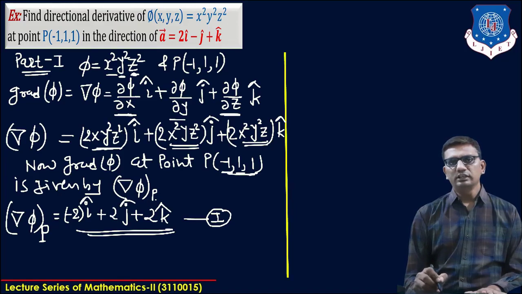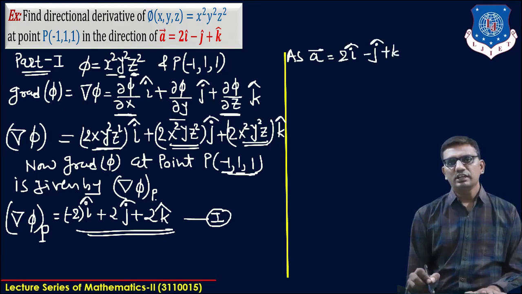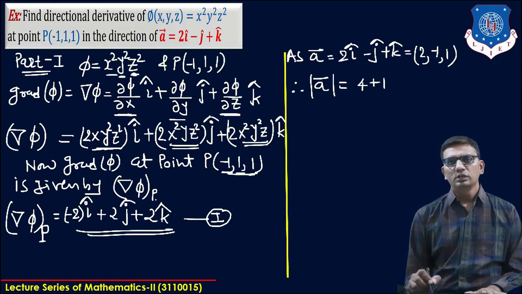Now we want to find the directional derivative, where a bar is 2 i caret minus j caret plus k caret. It is also written as 2, minus 1, 1, and the length of a bar, that is the norm of a bar, equals root of 4 plus 1 plus 1. So finally we have root 6 as the length of a bar, and in this direction we want to find the directional derivative of phi.